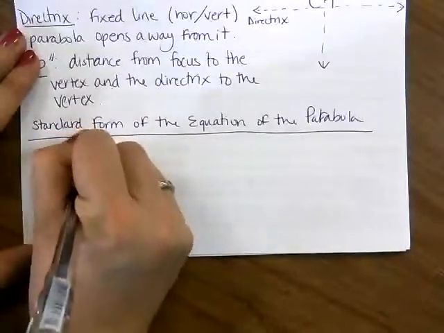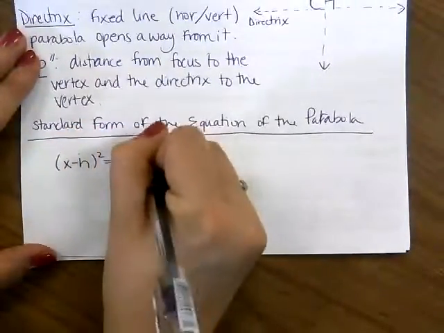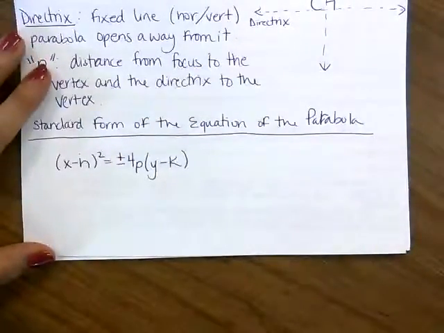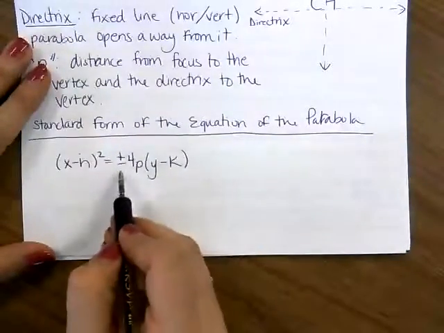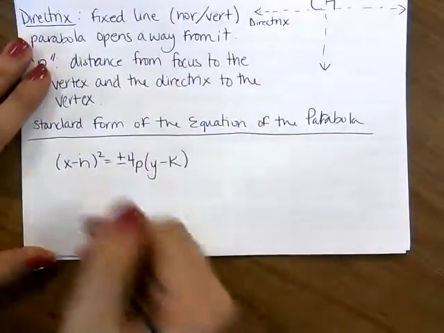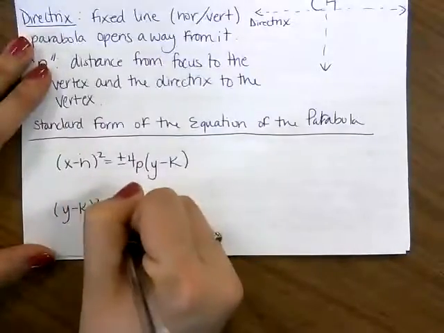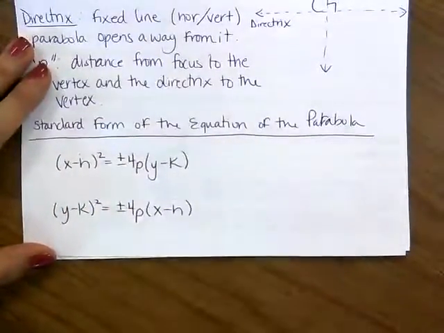We have (x minus h) squared equals plus or minus 4p times (y minus k). It's plus or minus, right? Okay, plus or minus 4p. Or you could have (y minus k) squared equals plus or minus 4p times (x minus h).